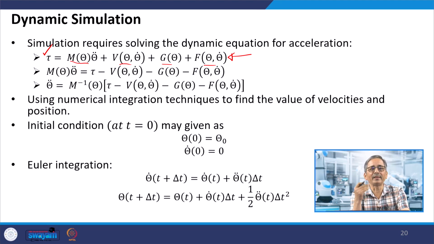The other application of this equation is in simulation. Simulation means, if I know the joint torque, can I predict what the joint velocity, acceleration and joint position are going to be?